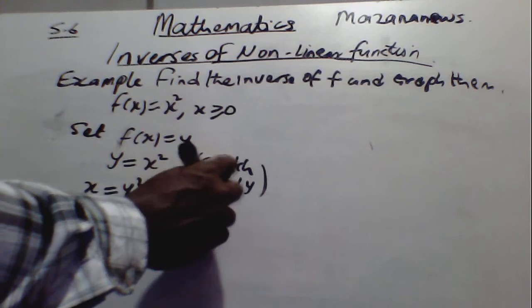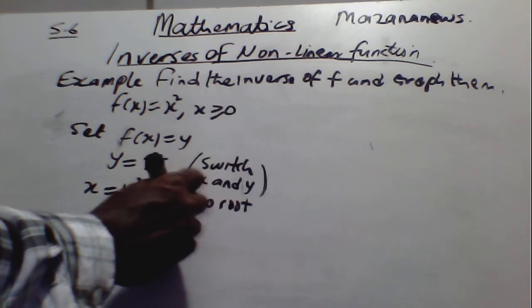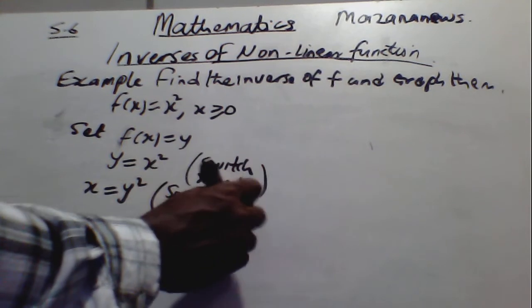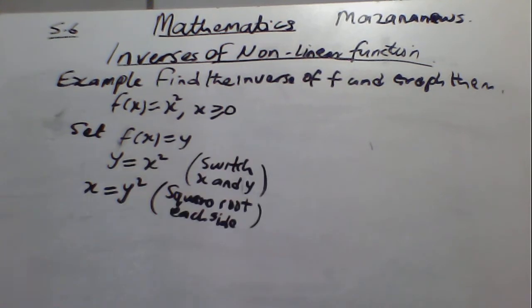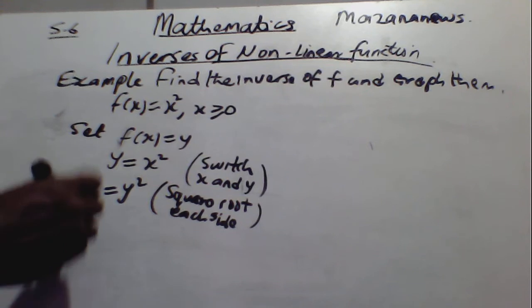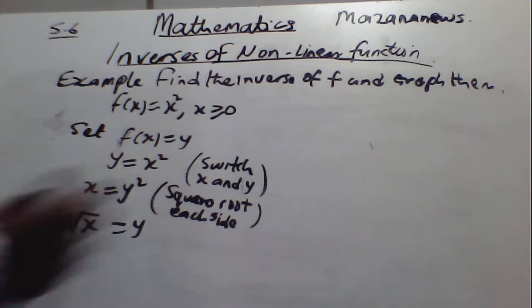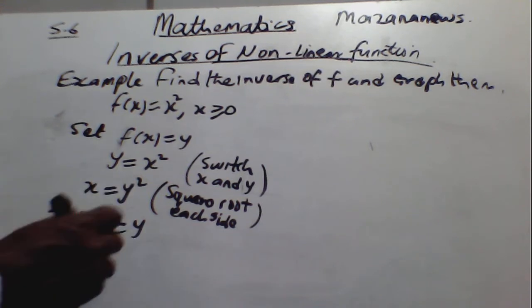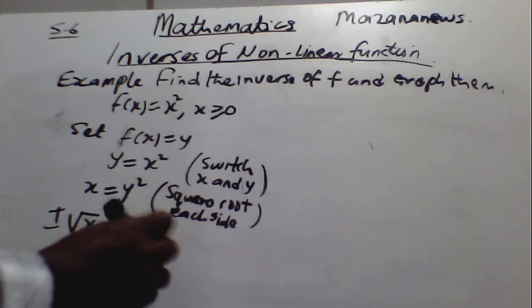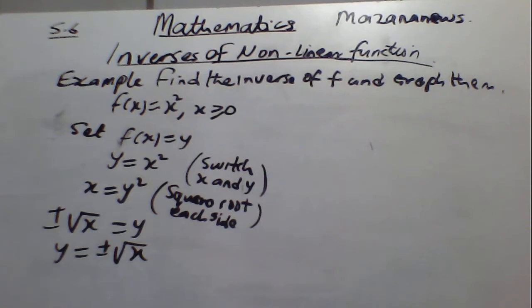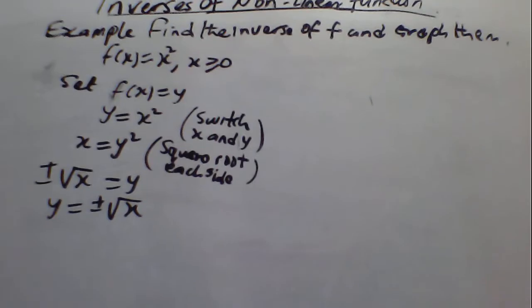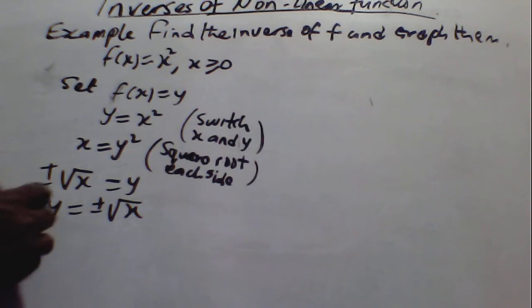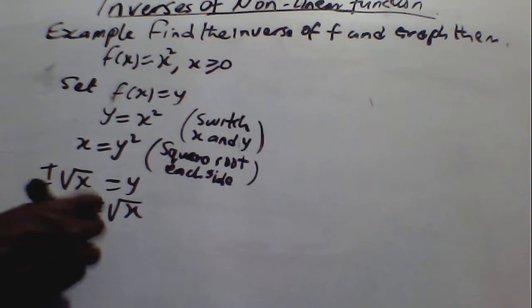Square root each side. I hope you are following. Square root each side. We have plus or minus the square root of x equals y. That is, y equals plus or minus the square root of x. Because we have a restriction here, restrict the domain.